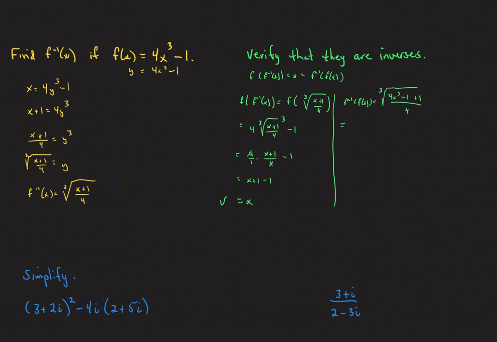So inside that cube root, the 1's will kill each other off. So we're going to get the cube root of 4x cubed over 4. The 4's will kill each other off next, and we're going to get the cube root of x cubed, and that is our x, and we have verified that they are inverses.